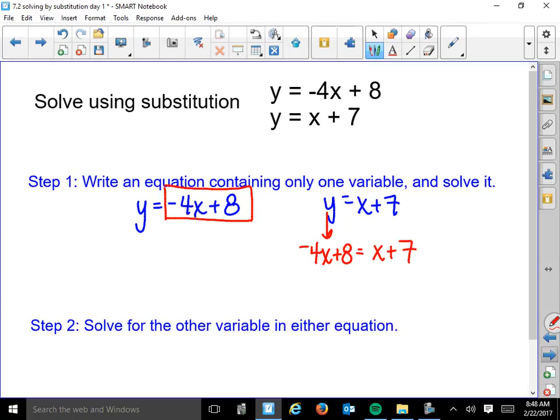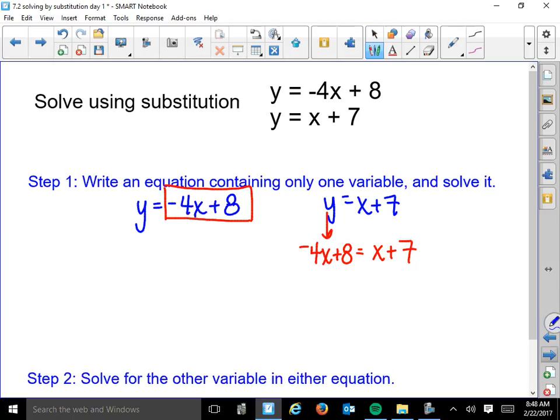Now I'm going to have to do some work to solve this equation. So I'm going to have to add 4x to each side. So that's going to give me 8 equals 5x plus 7.